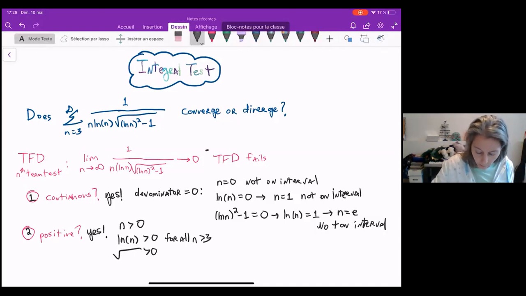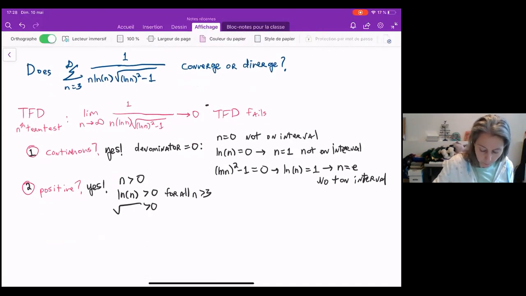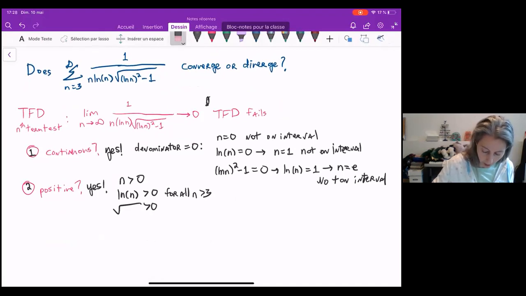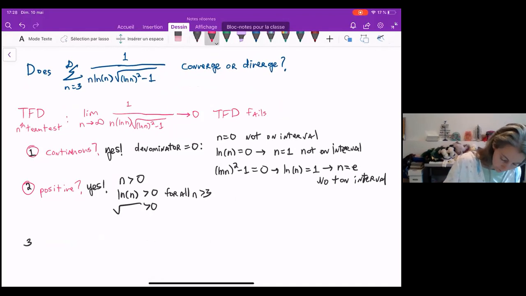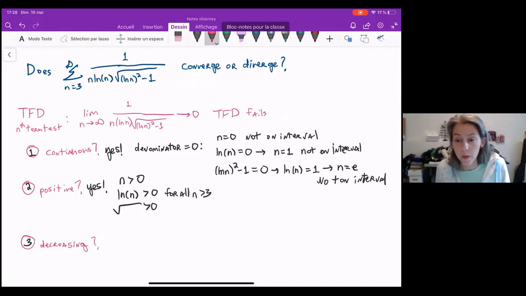Now the last thing that we need to look at here is whether or not this thing is decreasing. And this one's actually pretty easy to think about. Even though the derivative might not be the easiest thing, we know that n is increasing.